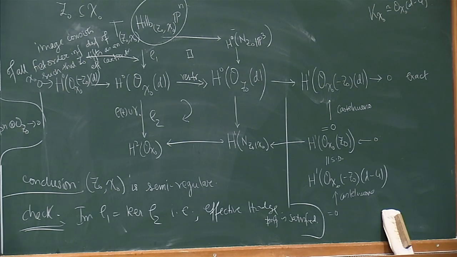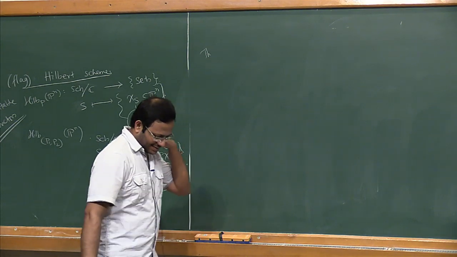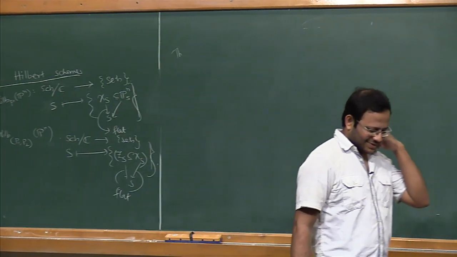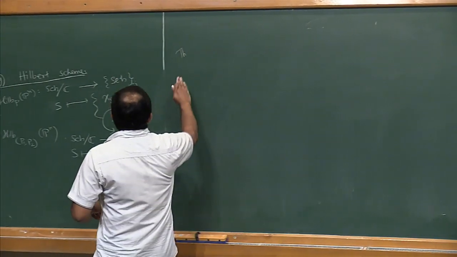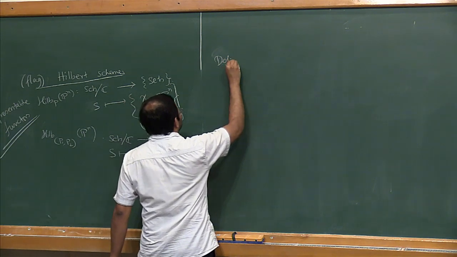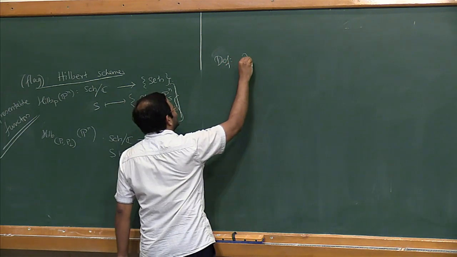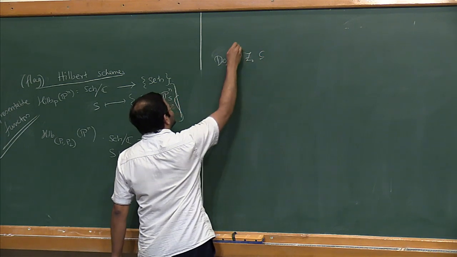So let me say a general theorem. Maybe I try to write the actual definition of, in general, the semi-regularity map. So if I take Z0, I am trying to say the semi-regularity map.